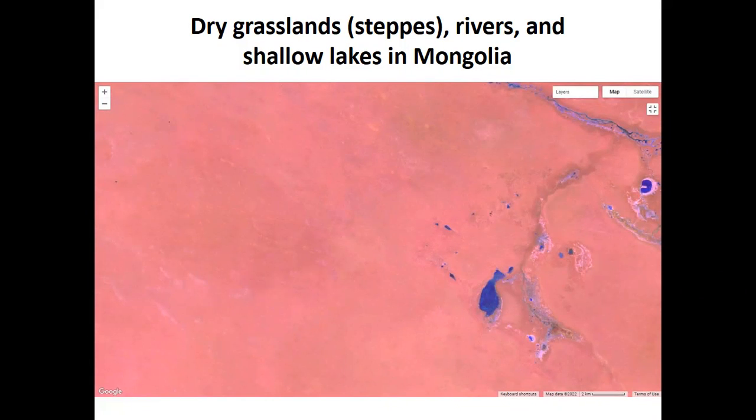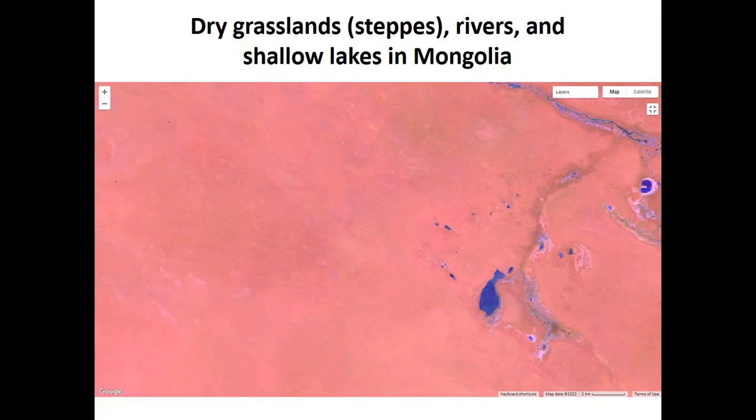Dry grasslands, actually dry steppes in Mongolia. This is a totally treeless landscape, and only around the waterways you could see some more healthy and more developed vegetation, and the other areas are covered with grasses.